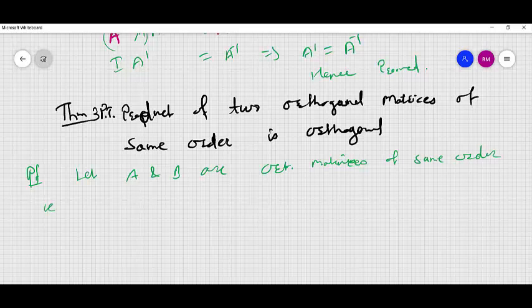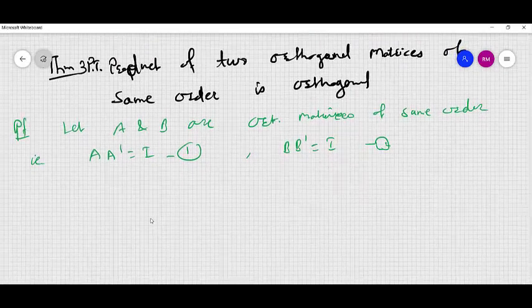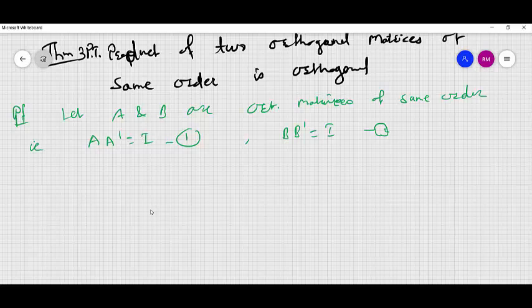That means A into A dash is equal to identity matrix. This is say 1. B into B dash equal to identity matrix. This is say 2. These are two equations. We have to show its product is also an orthogonal matrix.